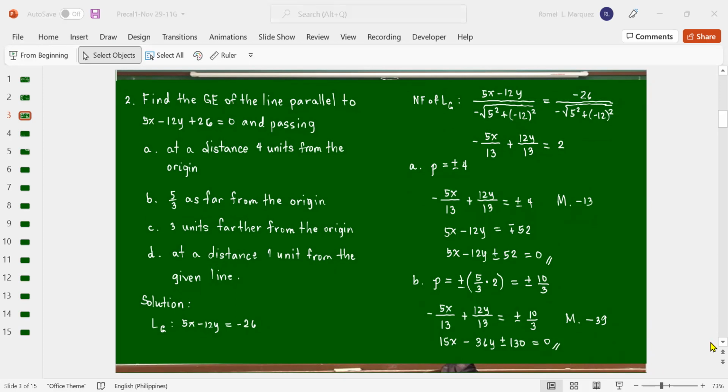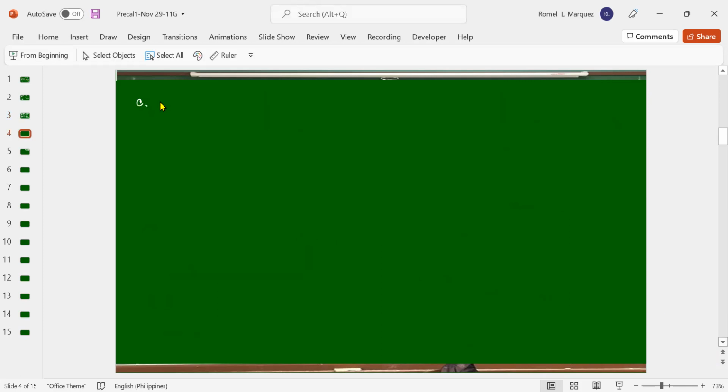Kasi 3 units farther, mas malayo ng 3 kumpara sa given line mula sa origin. So it can be above and below. For letter C, P is plus or minus 5, because 3 units farther from the origin. The actual distance of the given line is 2, so 3 units farther, so we have 5. Plus or minus because above and below.